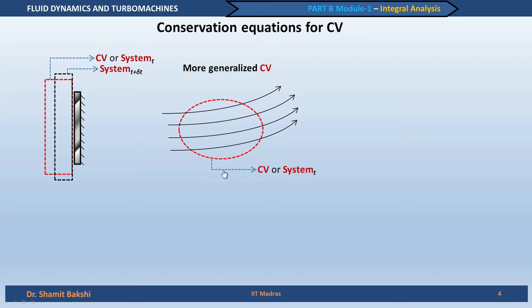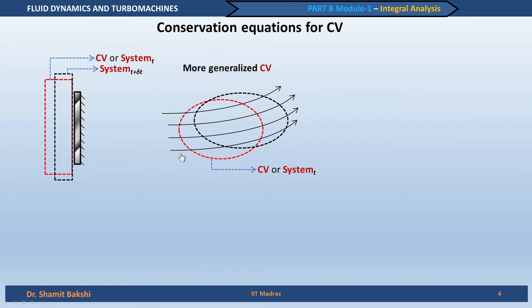After a time delta t, that is at time t plus delta t, the system has moved to a new position, because it has to keep the same fluid particles it had at time t. So, it has to move along with the particles, and it is now in this new position. The control volume actually is in its same position. Of course, the properties of the control volume change. For example, the mass of the control volume can change.